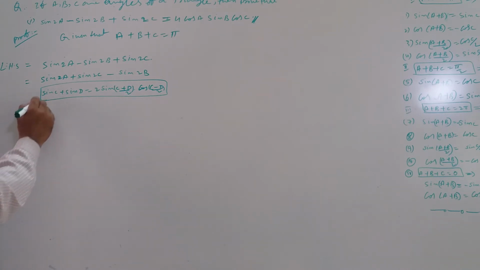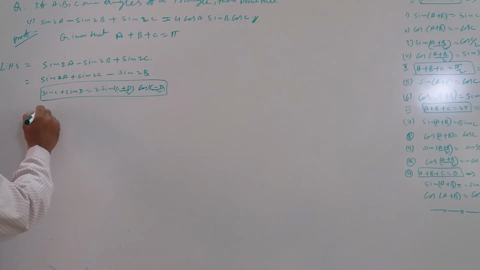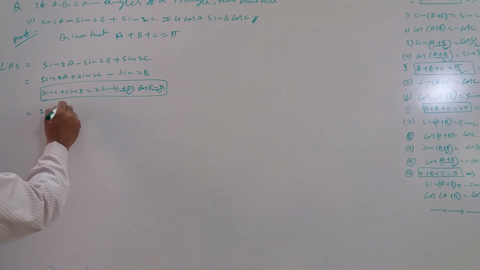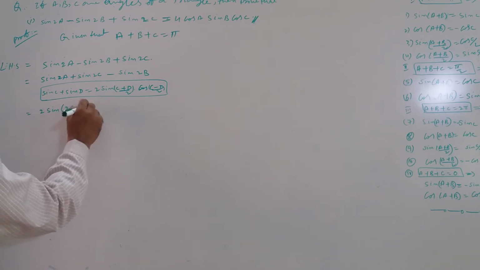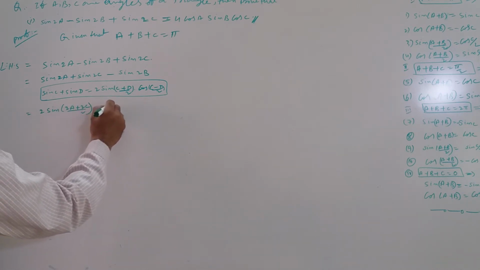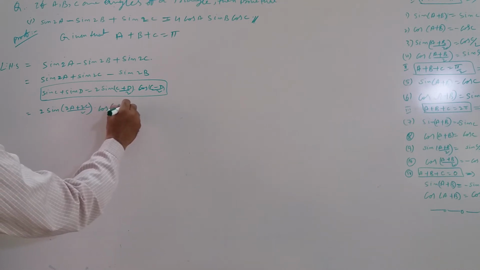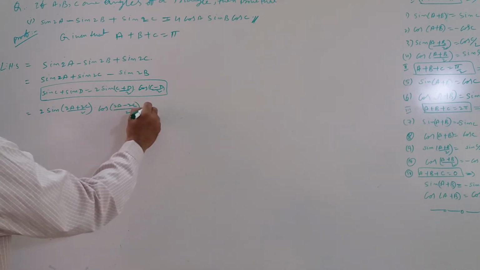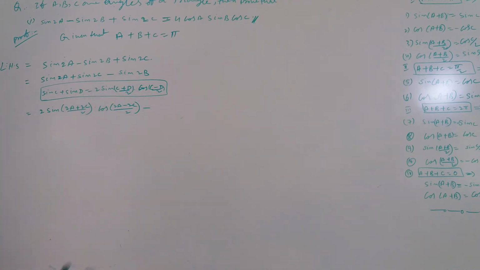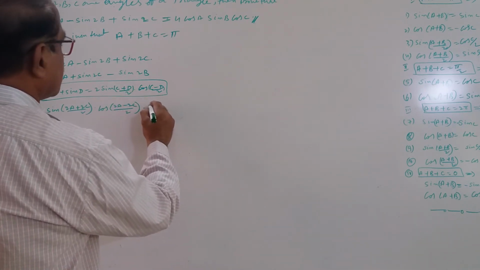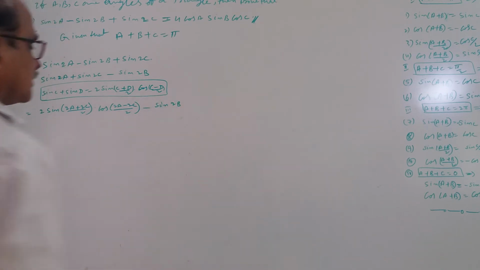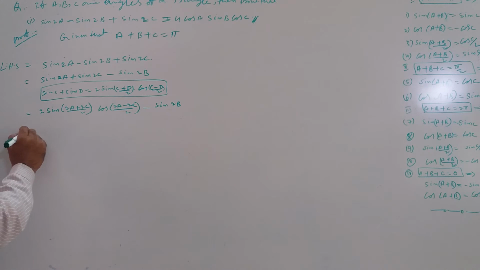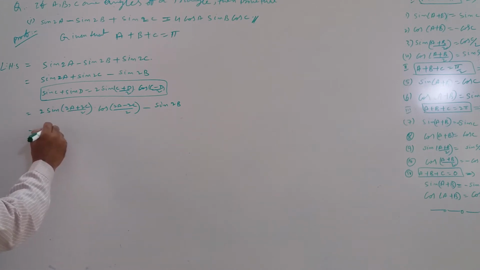Therefore, LHS is equal to 2 into sin((2A plus 2C) by 2) into cos((2A minus 2C) by 2) minus sin 2B.